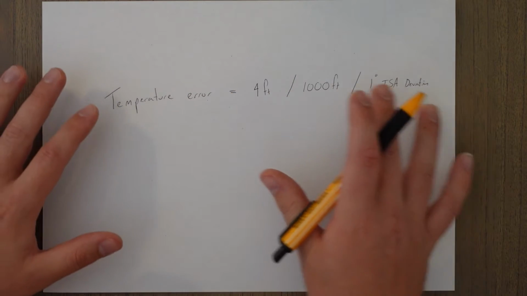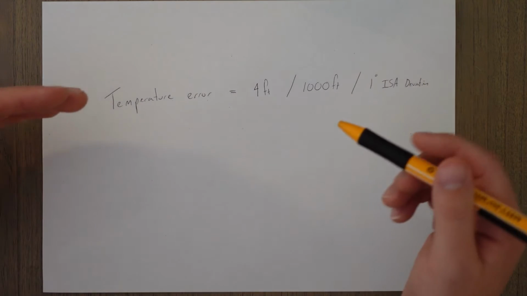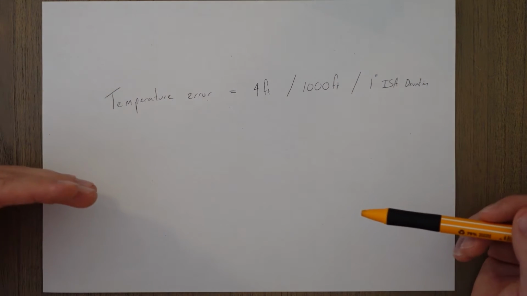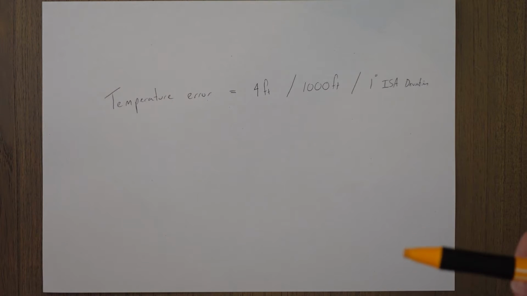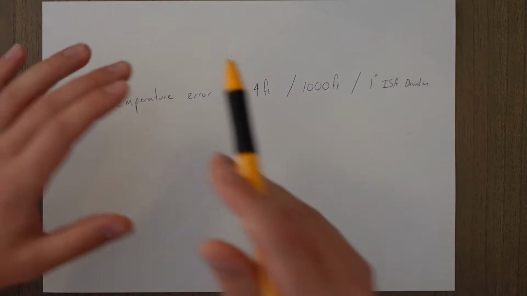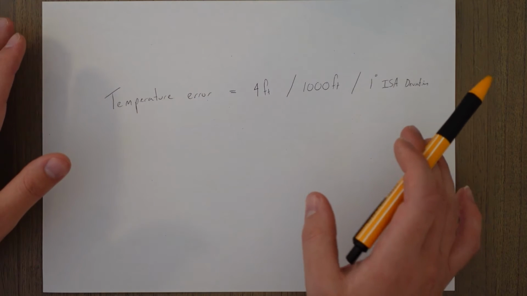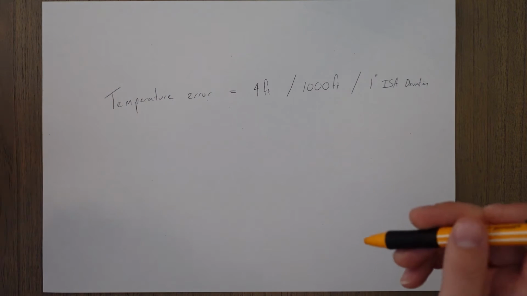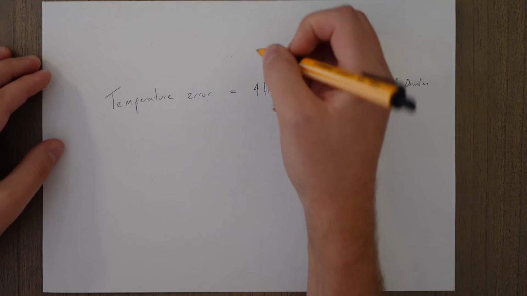So the error that comes about because of temperature is dependent on how cold it is, and if it's colder than a typical ISA day, our true altitude will be lower than what it says on the altimeter. So to do an example for this flight, let's say it's the middle of winter, and the temperature is going to be about -5 degrees on the ground.